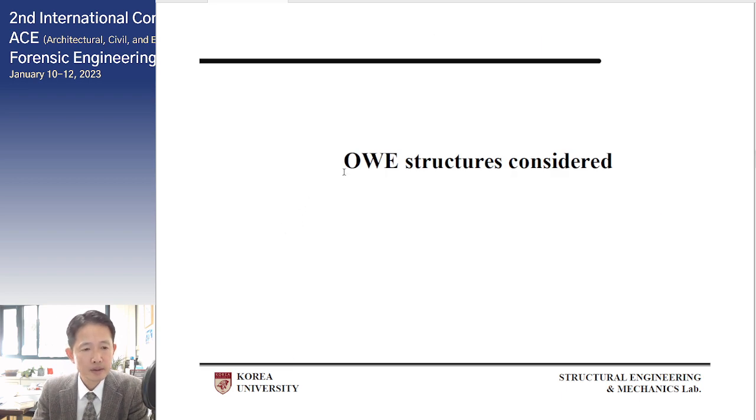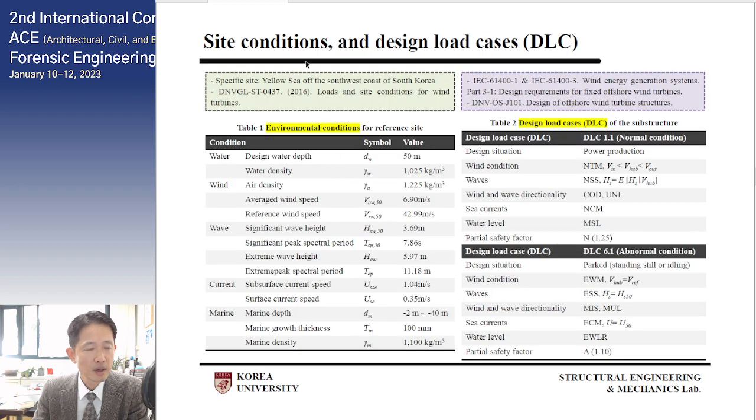Now the structural types that we consider in this study. The first one is site conditions. As site conditions, we consider the Yellow Sea area of the southwest coast of South Korea here.